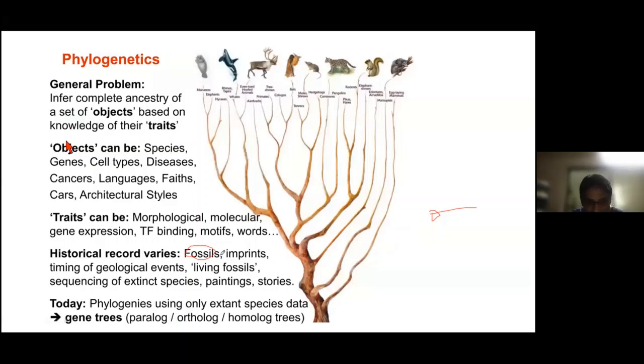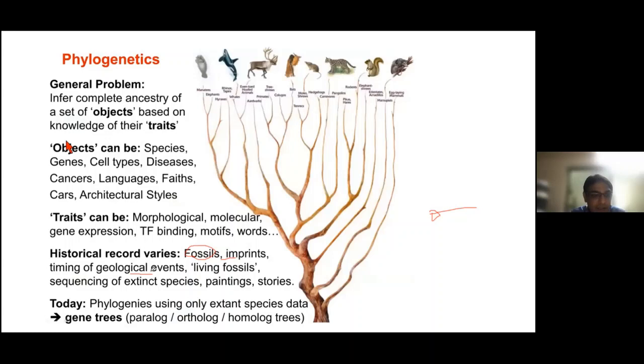It could also be that the imprints and the timing of geological events matter. The different continents merged together and then diverged, so some of the fossils might have been dispersed due to geological events. So we might not get the exact information using fossil records.